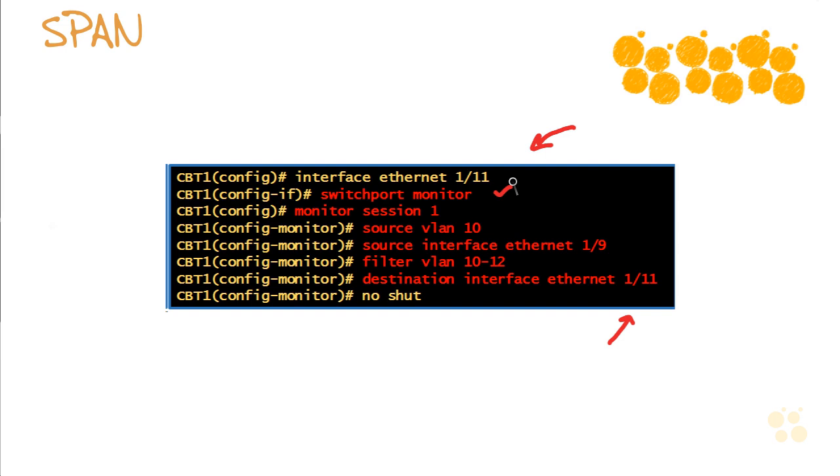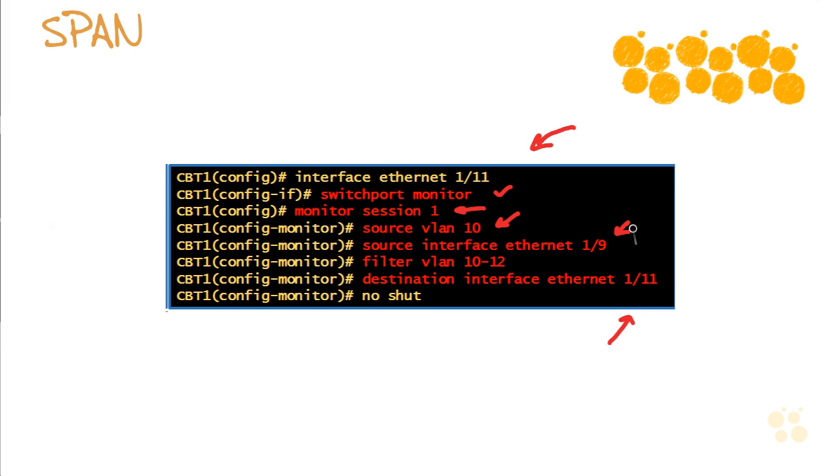Once we've made this configuration change, we're ready to set up the SPAN. We go into monitor session and provide a locally significant session number here, monitor session 1, for example, and we say, where do we want the traffic we're replicating to come from? Here I say VLAN 10. Let's grab the traffic off VLAN 10.